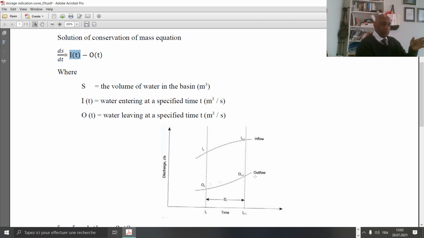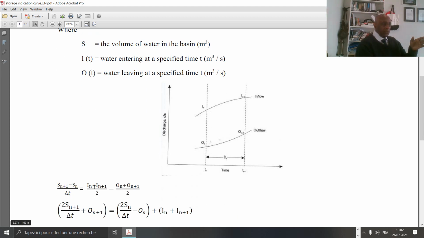And then here also the outflow n and the outflow n plus 1 are replaced here. The average of the two will be replaced here, and the equation will be similar to this one. And the storage will be this one, the average inflow and the average outflow; it will be the change in storage with this change in time, as the change in time t n plus 1 minus t n.